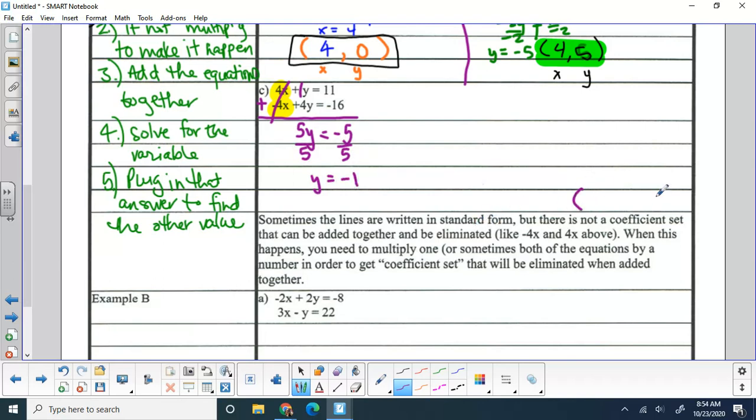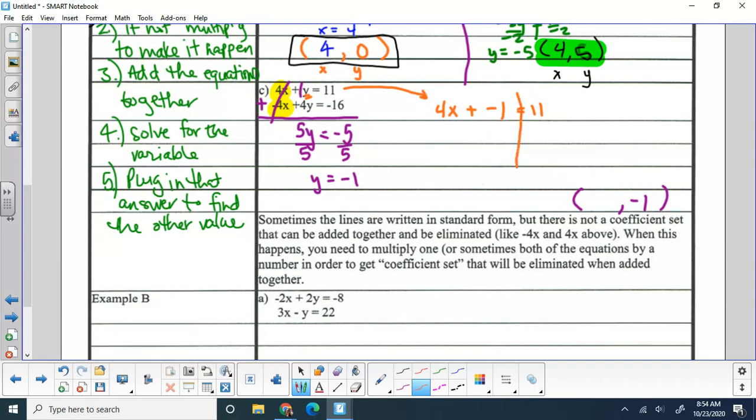Awesome. I found the y coordinate of my ordered pair. It was negative 1. Now I need to do the second part of it, which is plug it in. Again, it doesn't matter which equation I plug it into. So I'm going to plug it into the top one, and I need to solve for x. So I have 4x plus negative 1 equals 11. Notice that I just took out the y and I plugged in negative 1 for it.